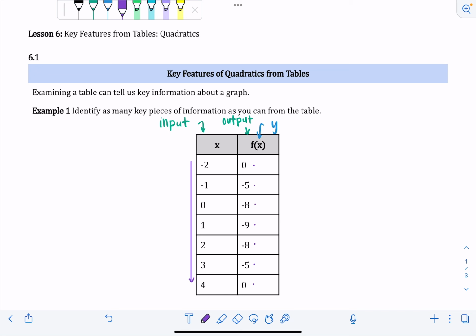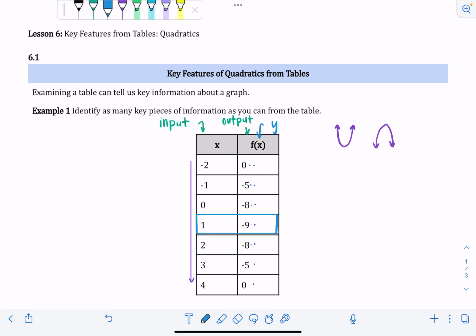So a quadratic graph is called a parabola, and it looks like either this or this. It either opens up or opens down. Since our graph is trending this way, this middle point, -9, is where it changed directions and turned back around, because it went from 0 down to -5, down to -8, down to -9, and then turned back around.